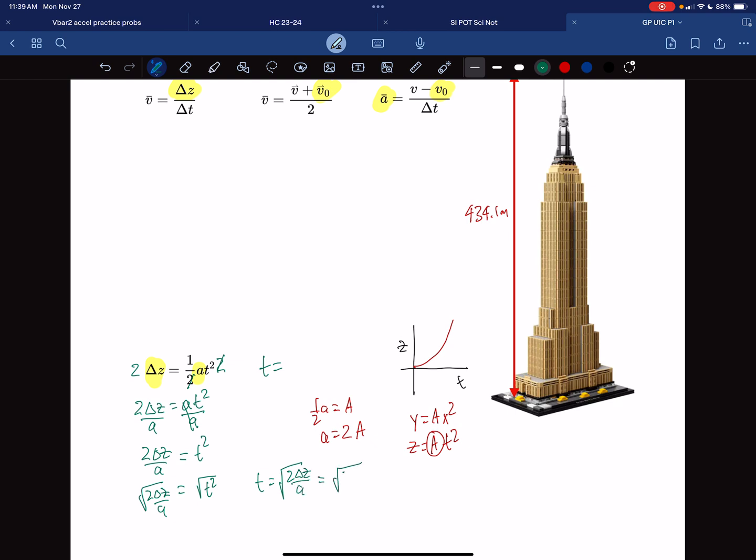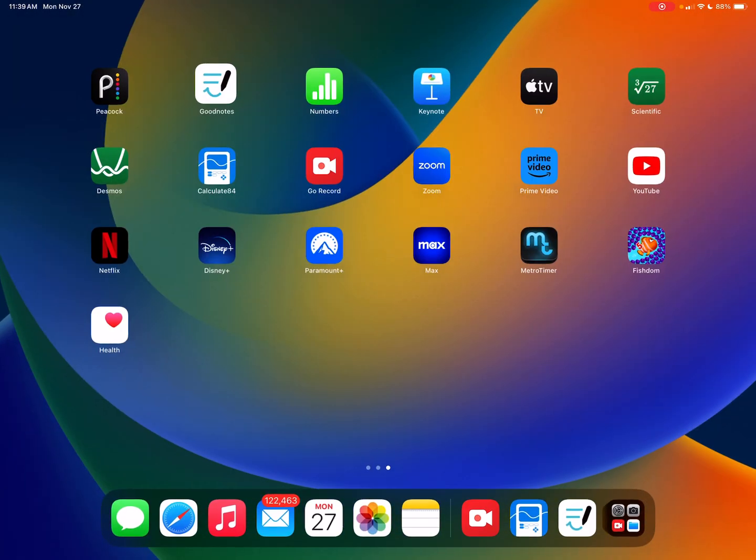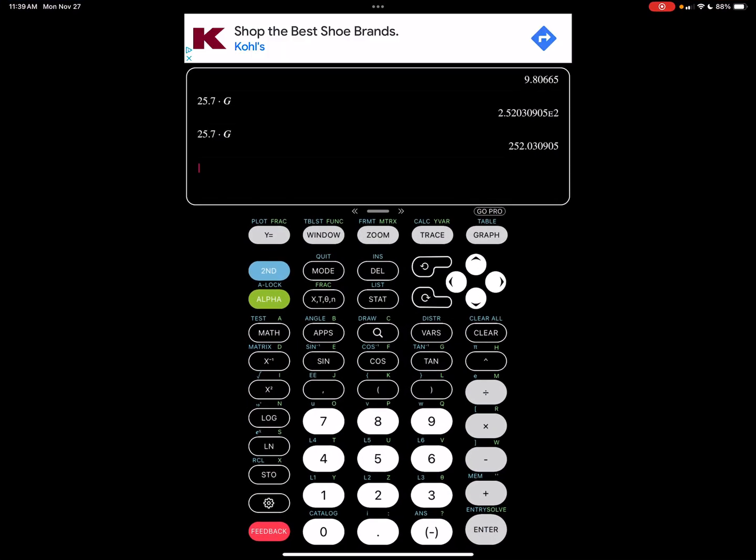Now, the delta Z is 434.1, and the A is 9.80665. So how do we use our calculators to compute this? Let me show you how. We go to our calculator here, we'll clear it out, and we want the square root. There's a square root key, it's the x squared key, but we have to hit the blue key, second, x squared.